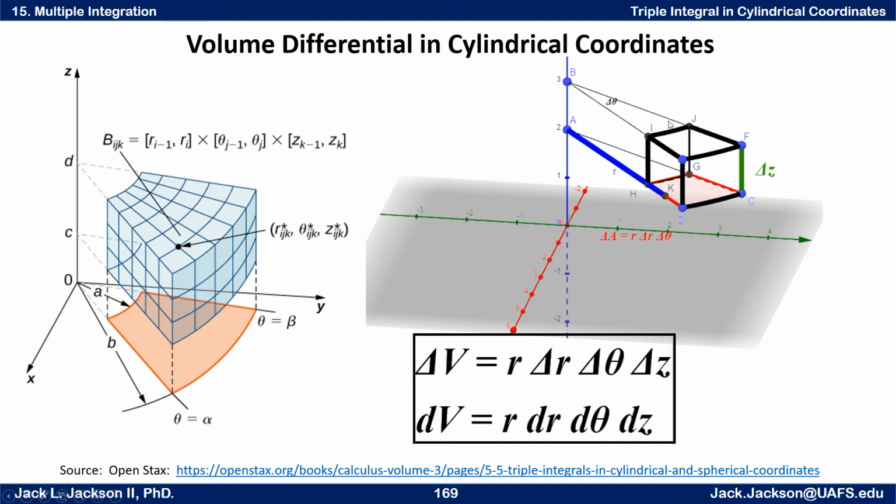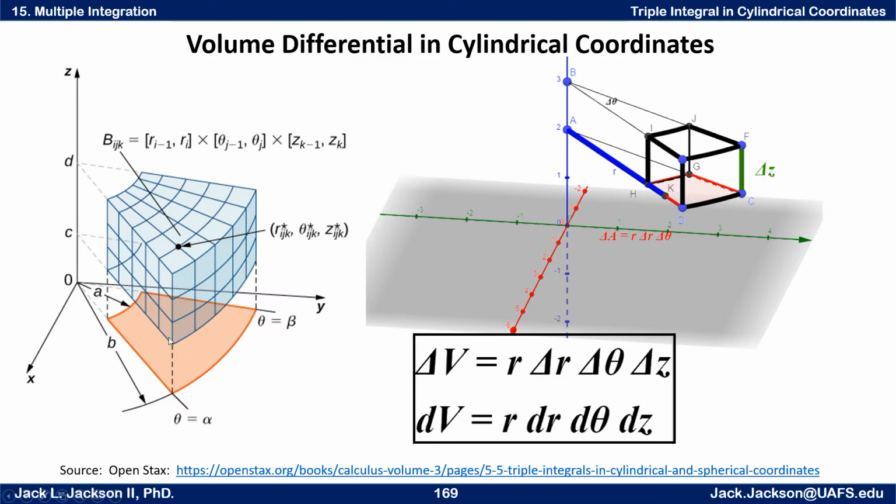Okay, so now if we look at this piece in a little bit more detail, we can see that, again, r is the average radius between this inner radius and this outer radius. Both of these are circular arcs. This one, this one, this one, and this one are all circular arcs. This is just a cylinder. So any cross-section where we take z as constant has exactly the same area as this base down here.